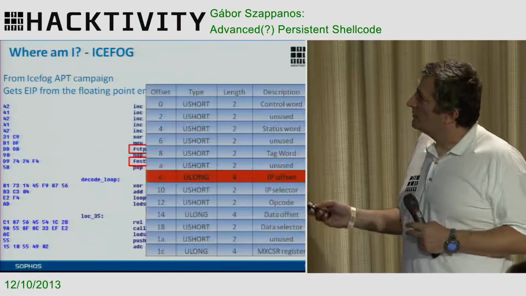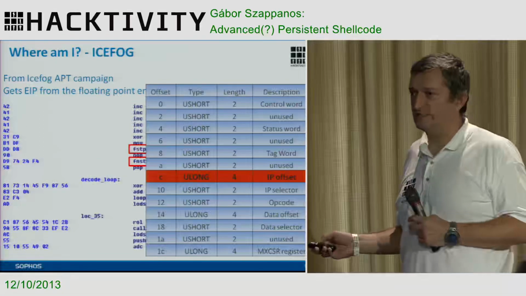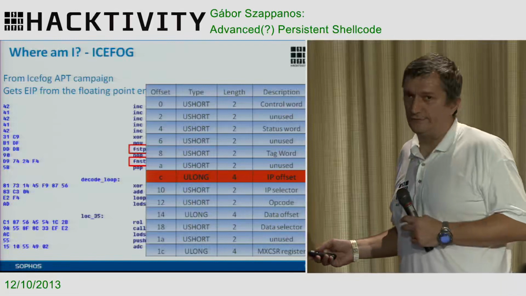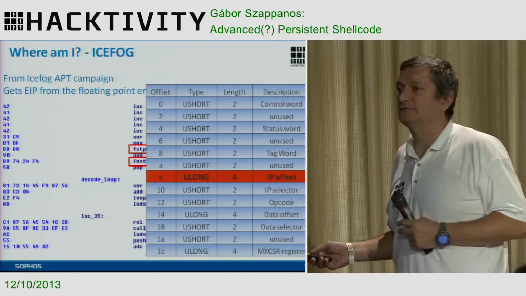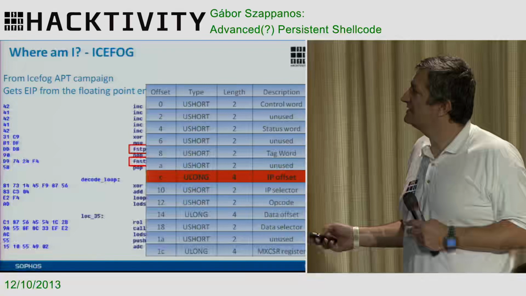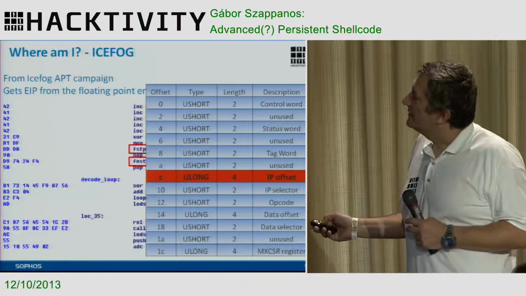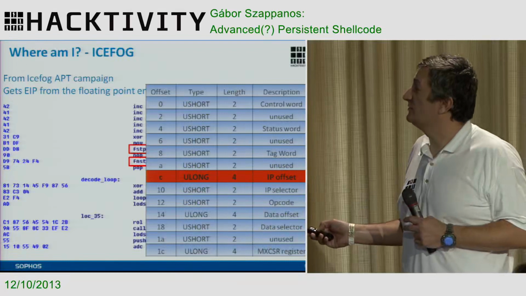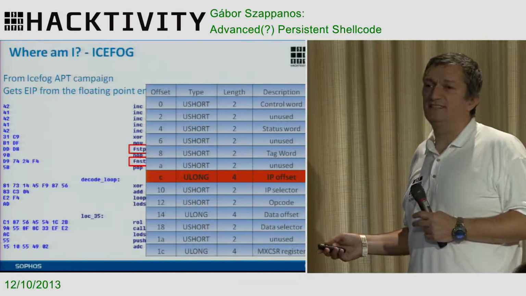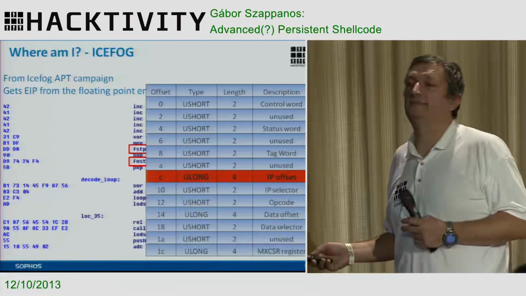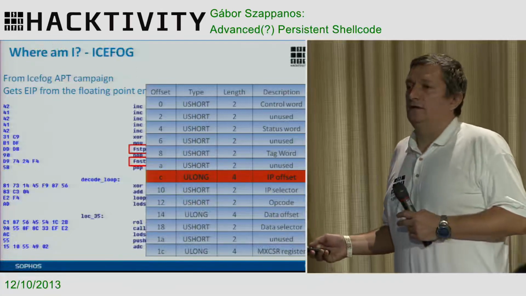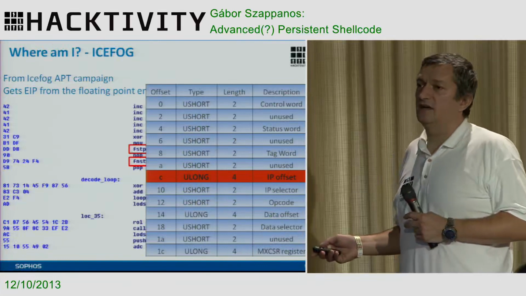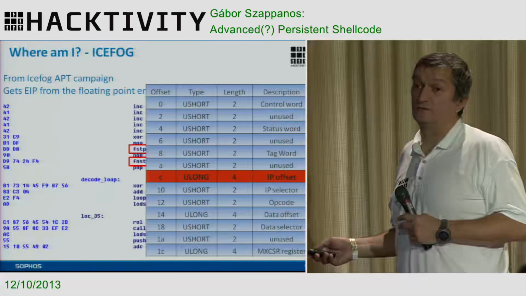So for that, you will need a format specification, which also includes the offsets of the internal fields of these structures. From that, you can see that the only interesting field in this structure is the IP offset, which is at offset C in this structure. This offset holds the EIP register value at the time the last floating point instruction was executed.